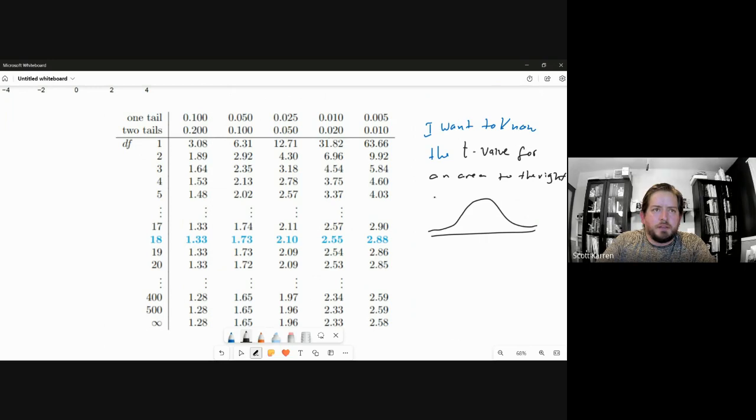And I want that area to be, let's say in percentage, 10%. So that is to say, wherever this value is, that's what I'm looking for, this t value now, not a z value, but a t value. They're very closely related, but I want this area here to be 10%.